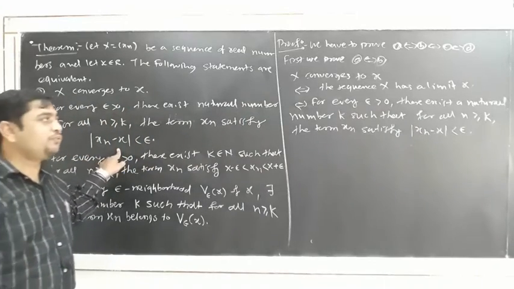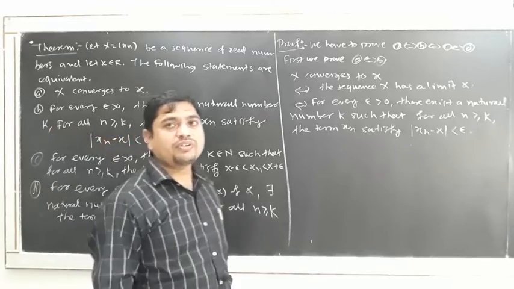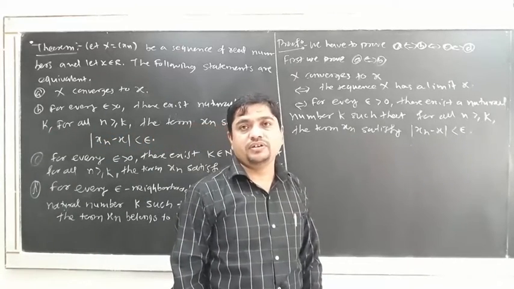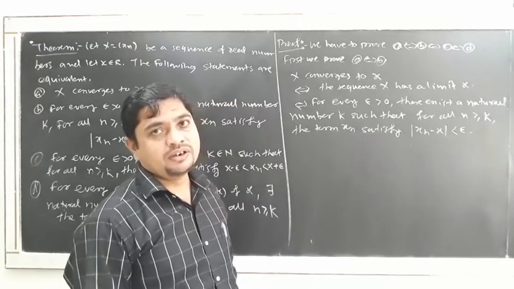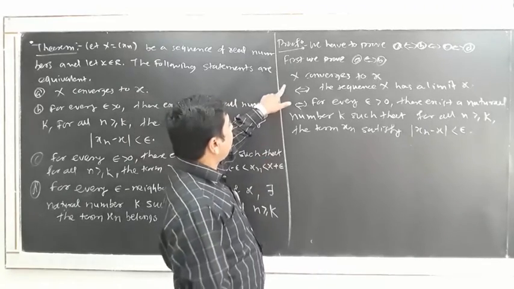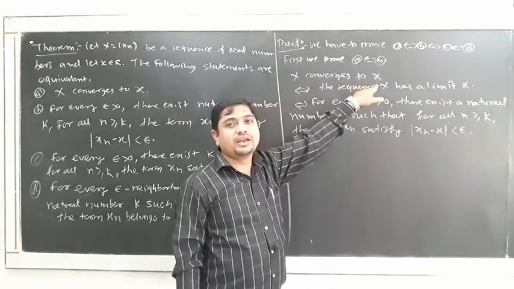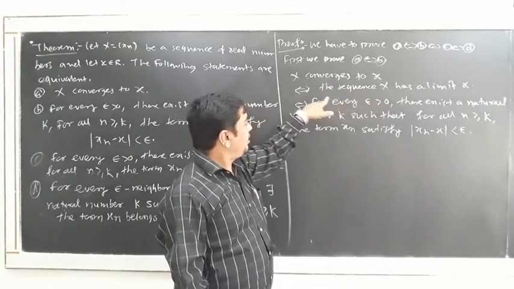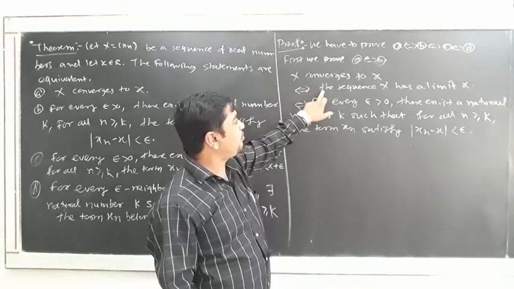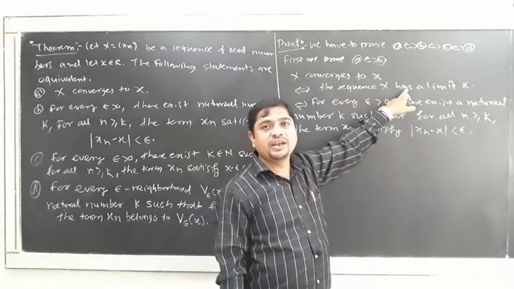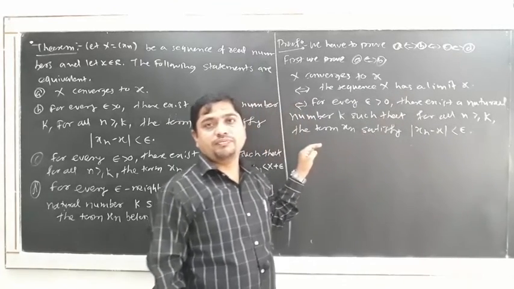So it is a very simple proof. We just have to write the definition of convergence, or the limit definition, of a sequence. X converges to x means it has a limit x, and this is just the definition of the limit.